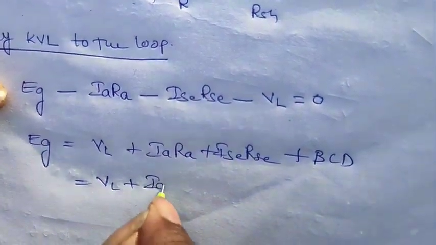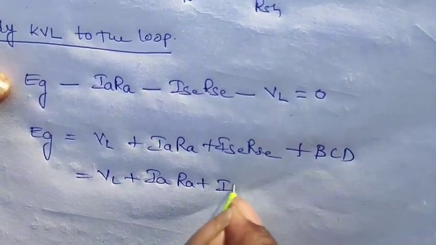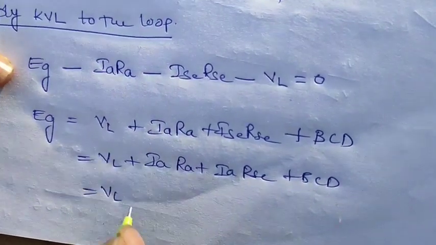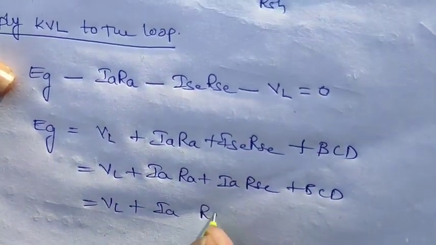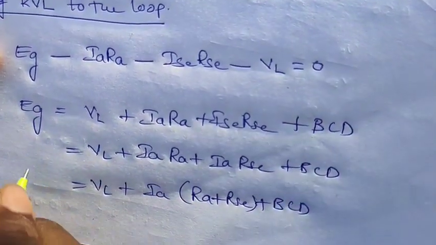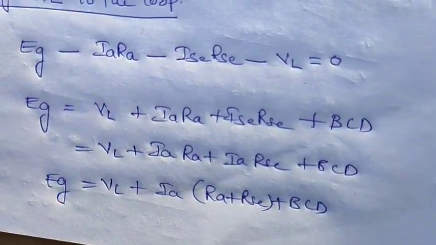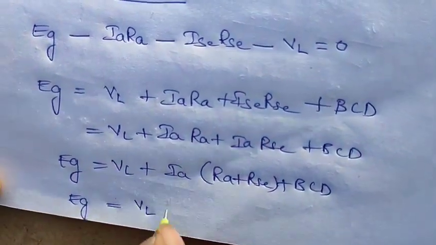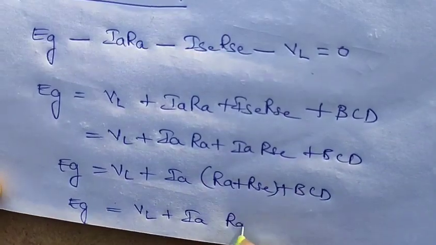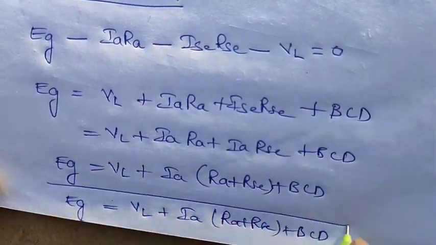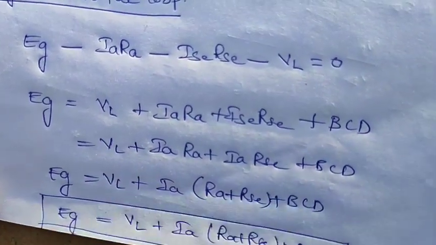So EG equals VL plus IA RA plus IA RSC plus BCD, that is VL plus IA times (RA plus RSC) plus BCD. This is the generated EMF. That was long shunt.